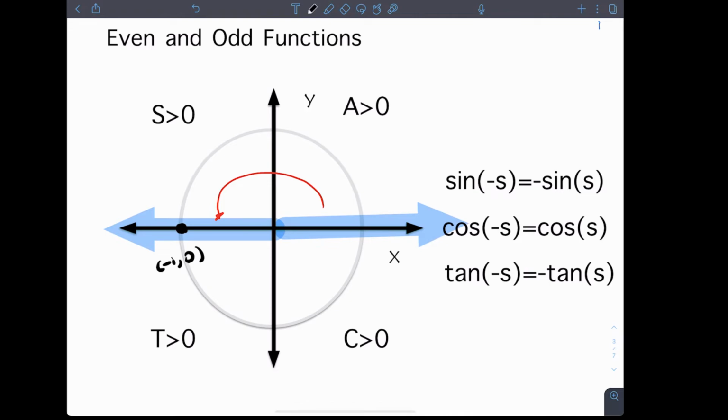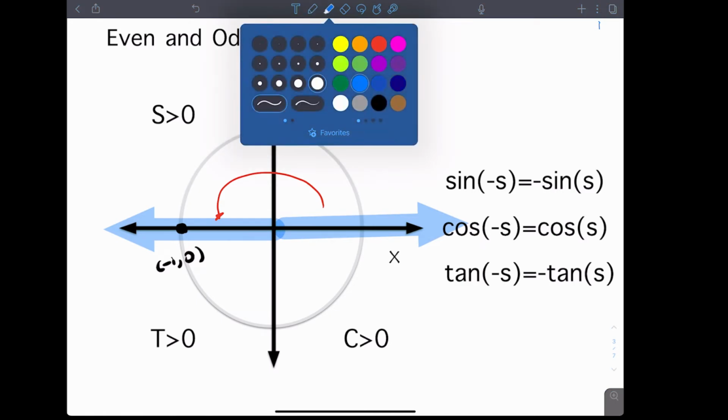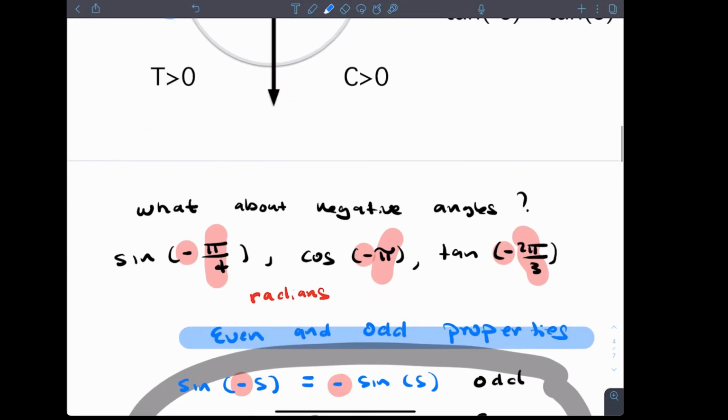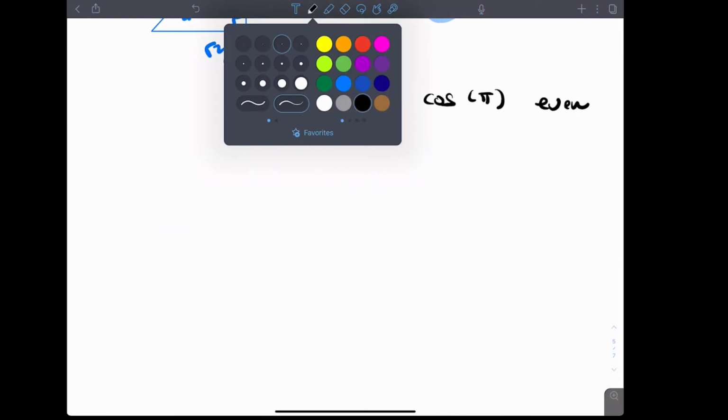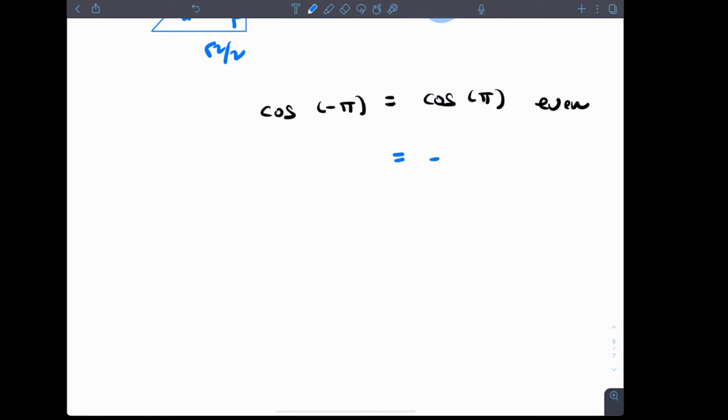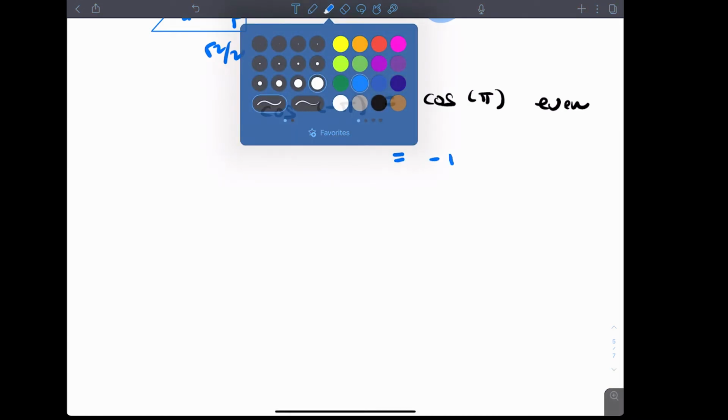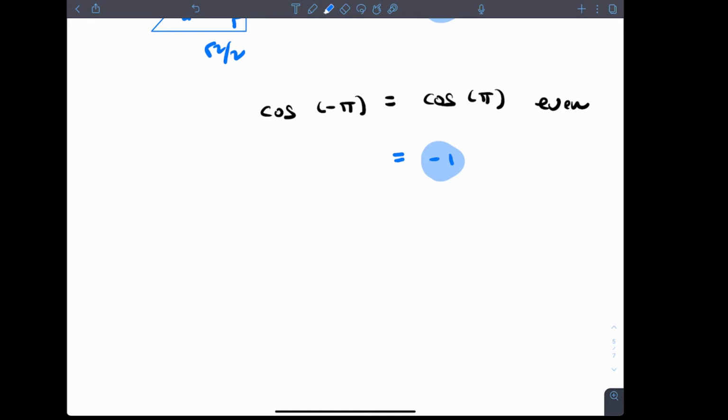Negative 1, 0. Is that true? You guys with me on that? Negative 1, 0. So what's cosine? Is it the x coordinate or the y coordinate? So what's your answer? It's negative 1. So cosine is going to be negative 1, ladies and gentlemen. And you say, why is that again? Because cosine by circular functions is the x what? It was the x coordinate.